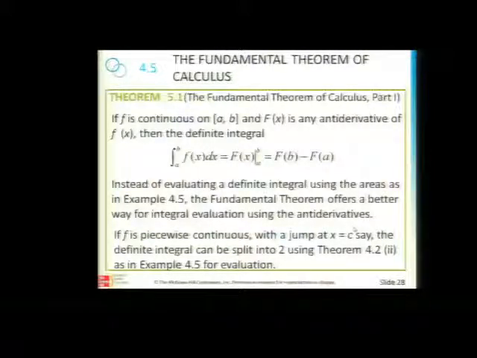Now, let's say f is discontinuous, then you can't do that. But in that case, we have theorem 4.2, number 2, to help us.